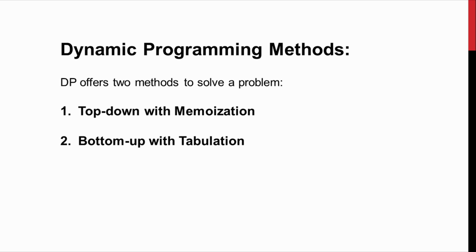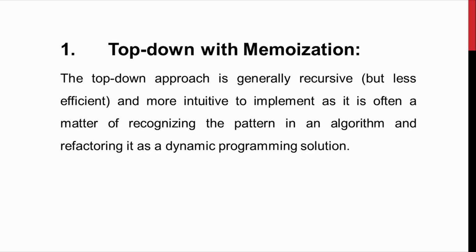There are two approaches of dynamic programming. The first one is the top-down approach and the second one is the bottom-up approach. Let's take a closer look at both approaches. First is top-down. In this approach, we try to solve the bigger problem by recursively finding the solution to smaller subproblems.